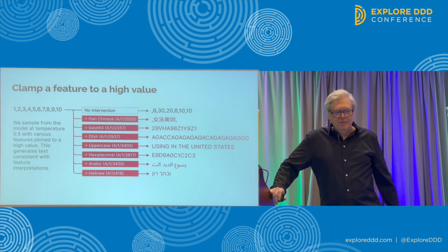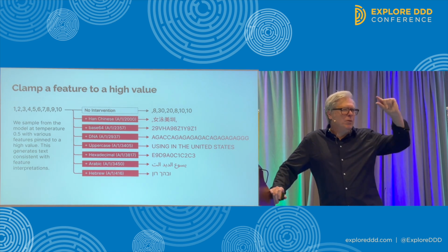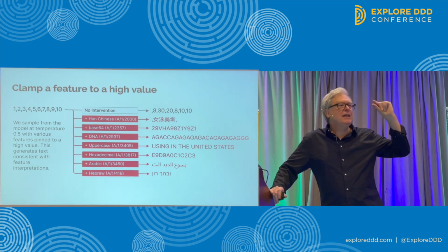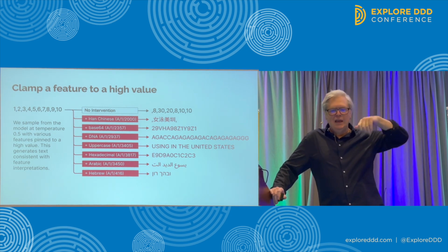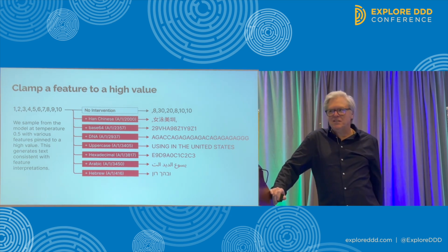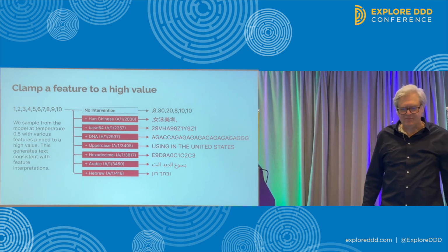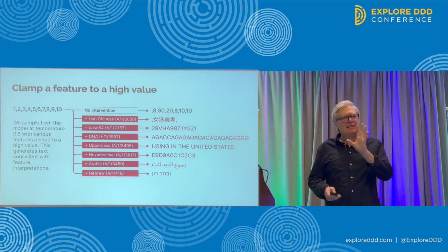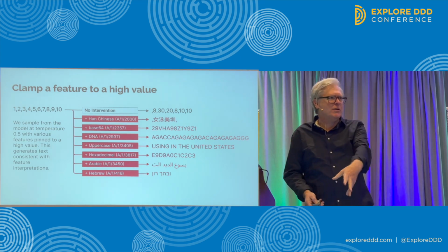But if you take that neuron, that number with that position within the latent space vector that you think represents, say, DNA sequences, and you crank it up to the max value, it produces something that looks like a kind of made-up DNA sequence, even if it's unrelated to the input. And that, they said, is evidence that this is actually a causative factor in the behavior of the models.